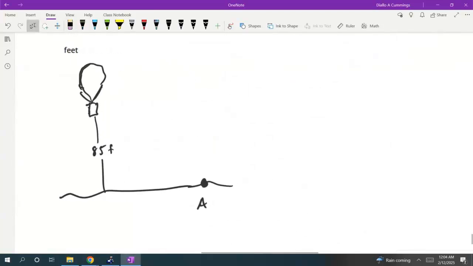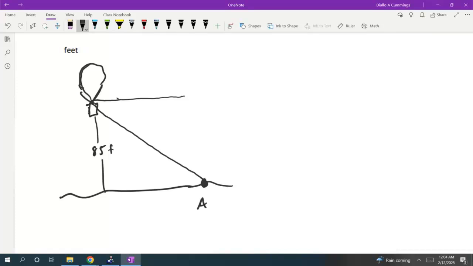So going back to our rough sketch, notice here there is an observer on the hot air balloon. Here is that observer's horizontal line of sight.